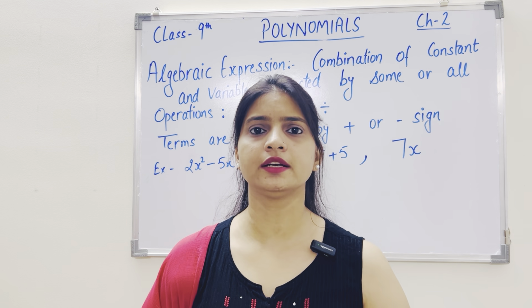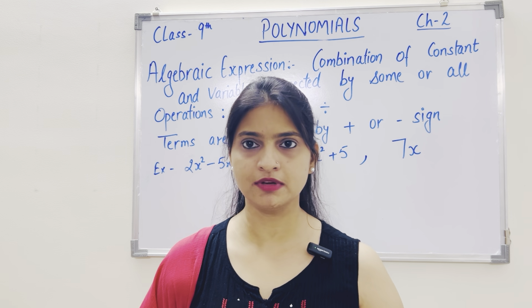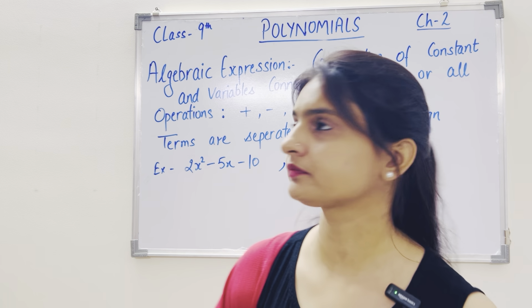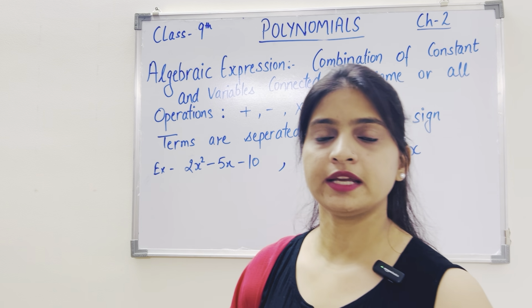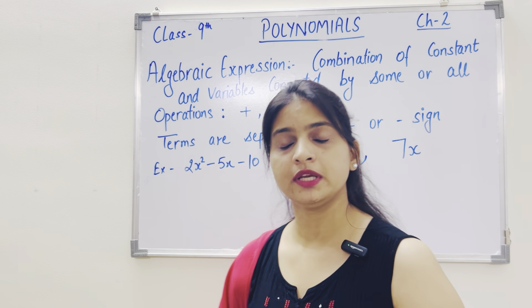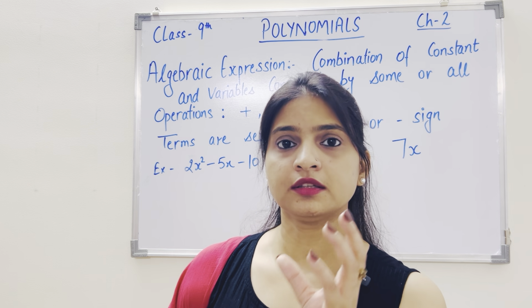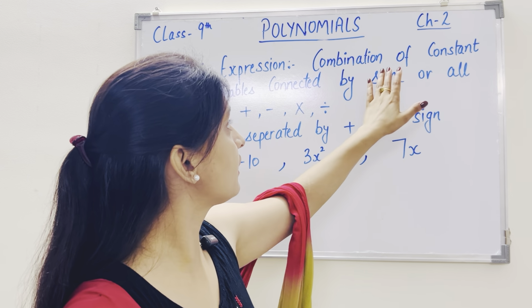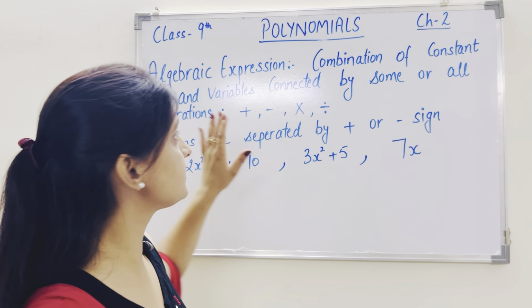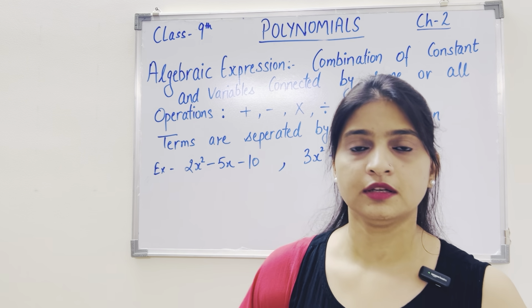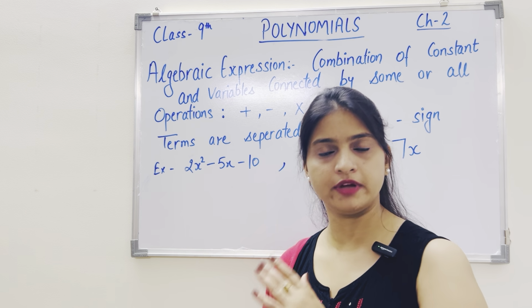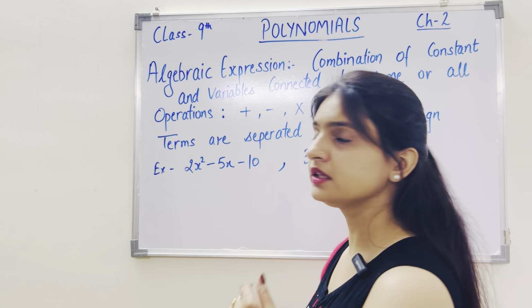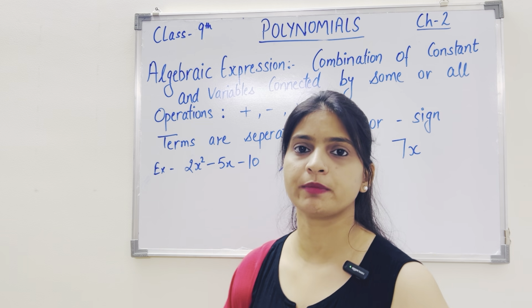You have already learnt about algebraic expressions in your previous class. What do we mean by it? The terms which are a combination of constants and variables connected with some operations. And what are these operations?